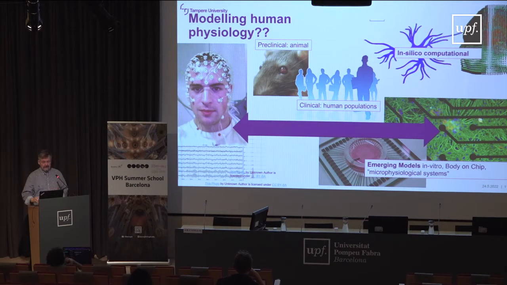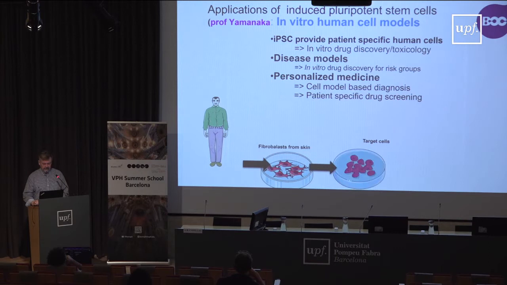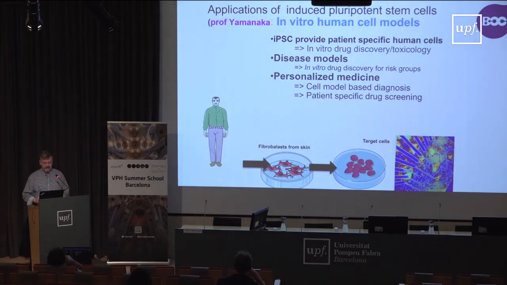And really, the question is whether it has those features that you are going to model that are needed for the information that you have in your research question. And I think we all know this already, but of course, what has changed in vitro is Professor Yamanaka's Nobel Prize on how to make stem cells from any of us.